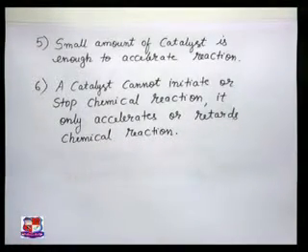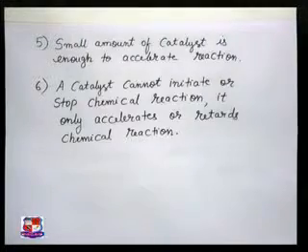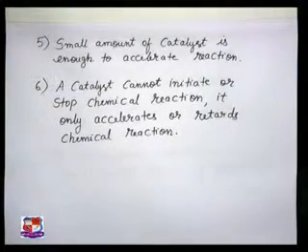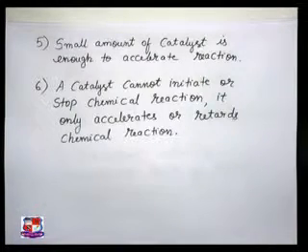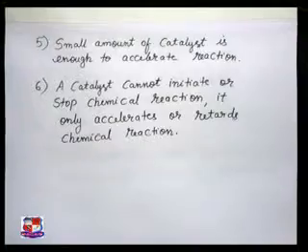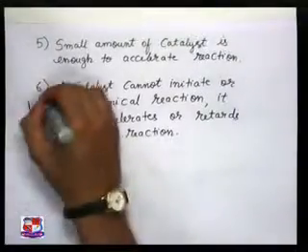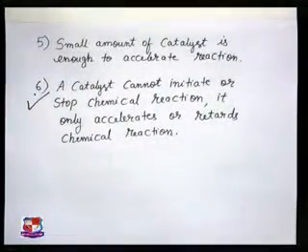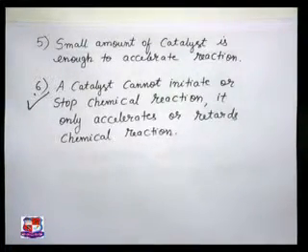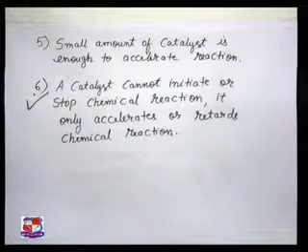Okay, the sixth point that we can see here: the catalyst cannot initiate or stop a chemical reaction, it only accelerates or retards a chemical reaction. A very important point that one has to remember while discussing a catalyst: if you are trying some reaction, a catalyst will not start that reaction.